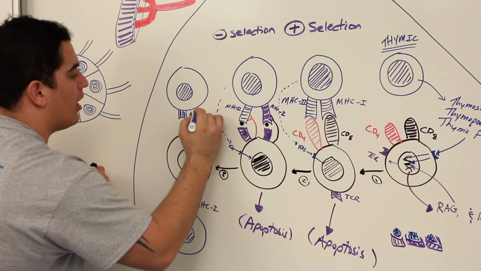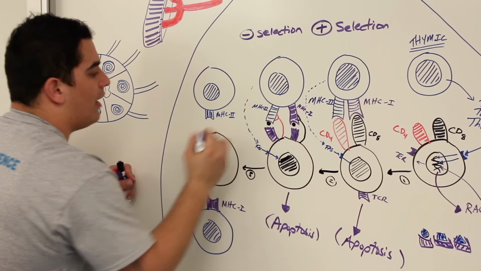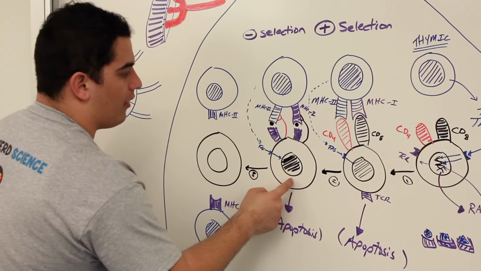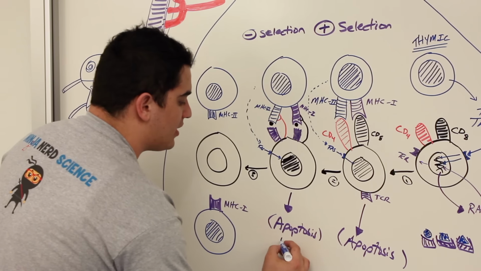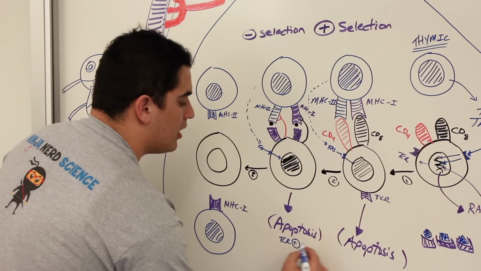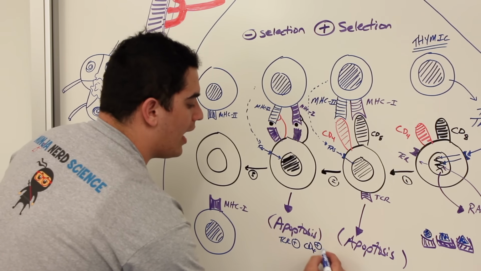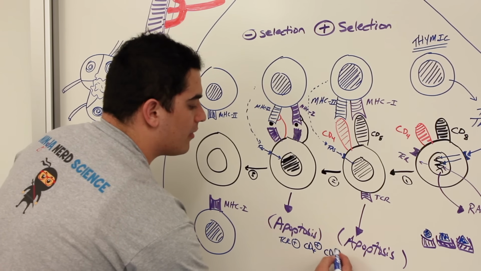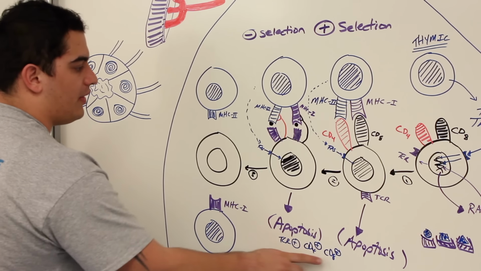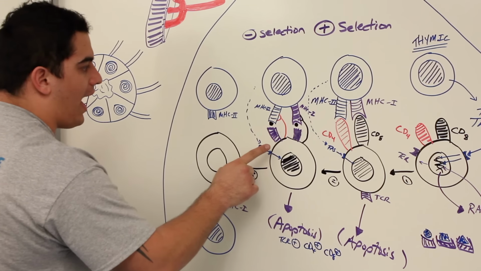If you remember, what's this cell right now? This cell that we had, he is TCR positive, CD4 positive, and CD8 positive. So he has all of these different things that he needs to interact.